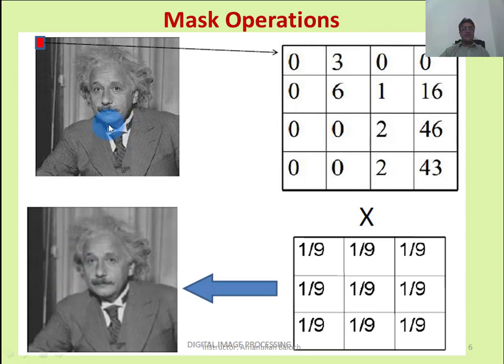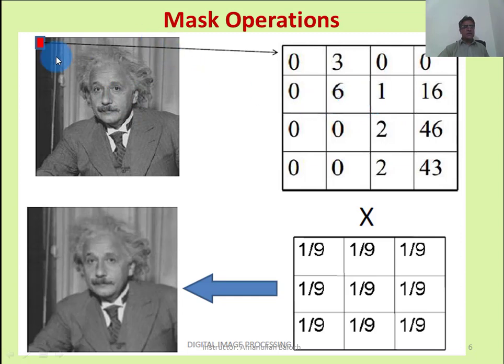This is the input image, and these are the gray values of the input image. There are many gray values, but we have taken just this small part of the image. When we convert it into gray values, there will be I think 500 by 500 gray values.